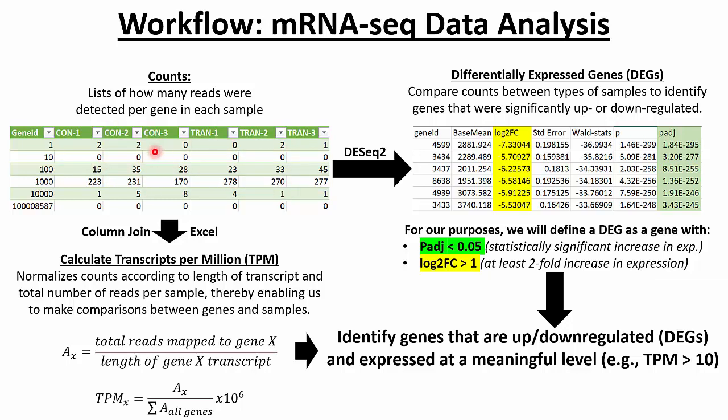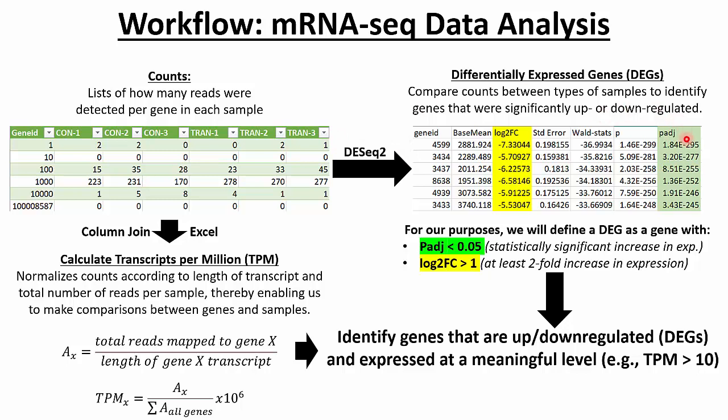In this case right here, where we have untransfected and transfected cells, DESeq2 will tell us, is this gene right here, this gene ID 1000, significantly higher in the transfected cells than it is in the untransfected cells? That's what DESeq2 tells us. And that's exactly what we want to get out of this experiment as it happens.